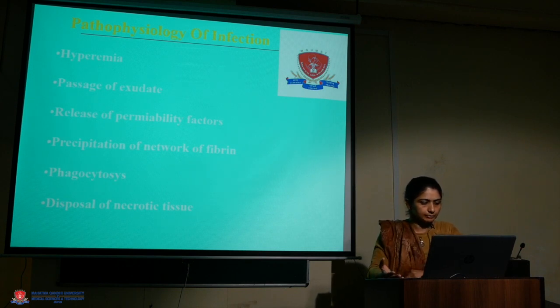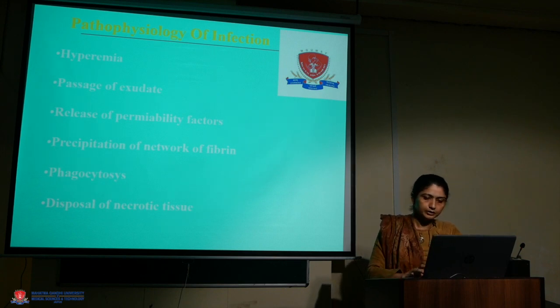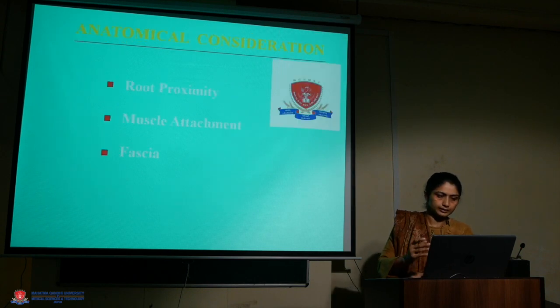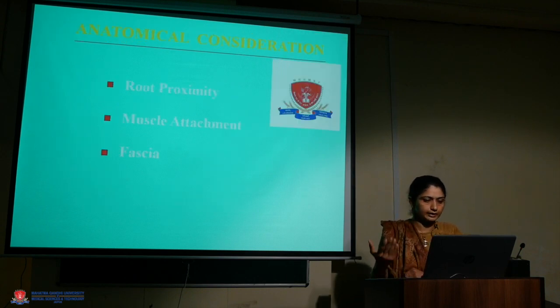And the last stage will be the phagocytosis and the pus formation and disposal of the necrotic tissue. So slowly the body defense will try to clear the necrotic tissue. So these are the anatomical considerations that will decide how the infection will spread.